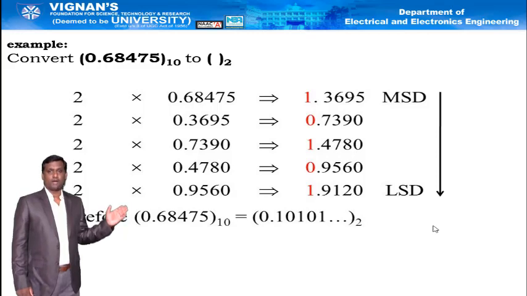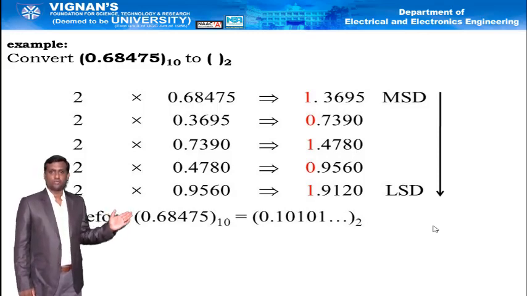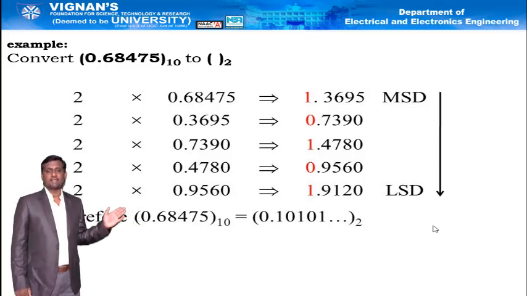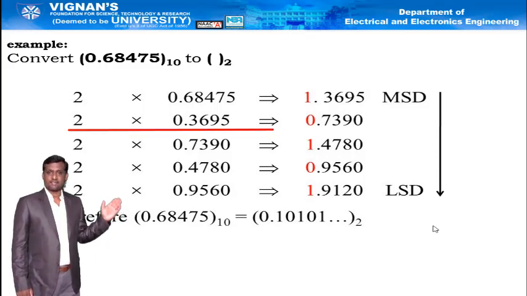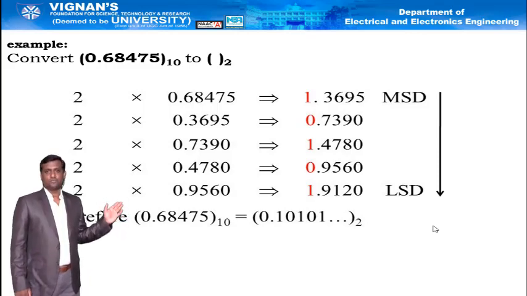So in this one, 1.3695 is the multiplied value, and separating the integer part, that is 1, the fractional part is 0.3695, and multiplying that fractional part again with 2, then we get 0.7390. So here the integer part is 0, note down separately that integer part and multiply the fractional part again with 2.